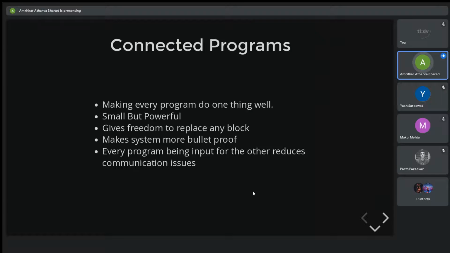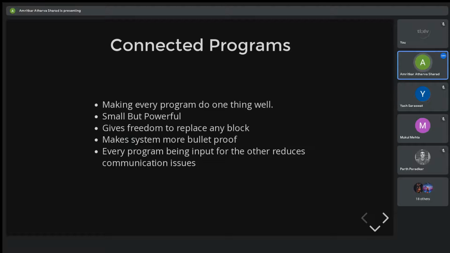The next is connected programs. We can compare this with the Lego analogy. Basically, every program does one thing well, rather than making one program do 10 different tasks.